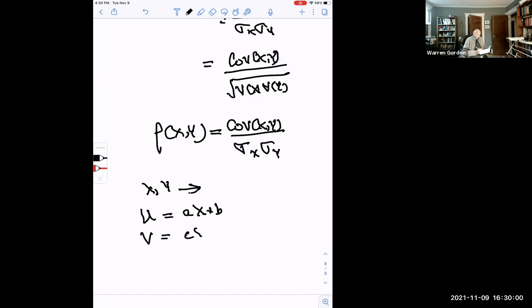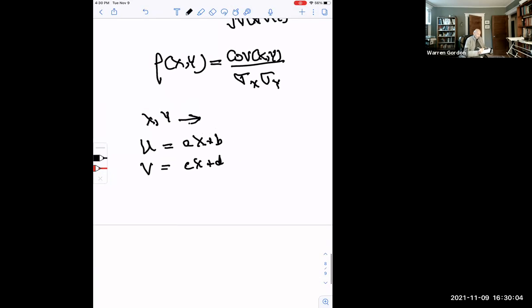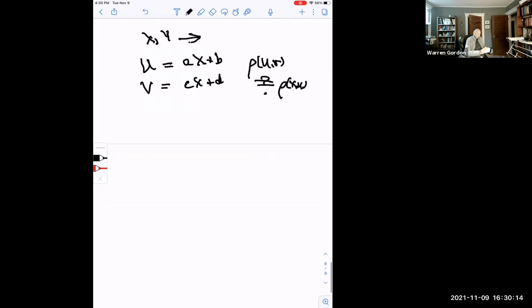So the question is, how is rho of uv related to rho of xy? So let's compute it.